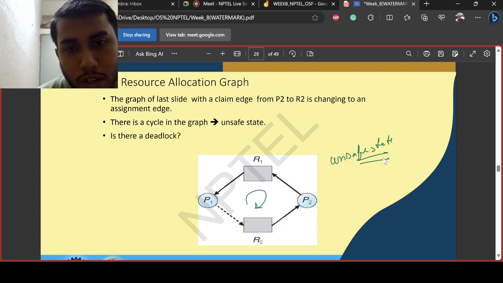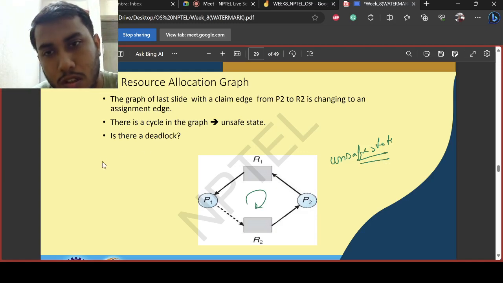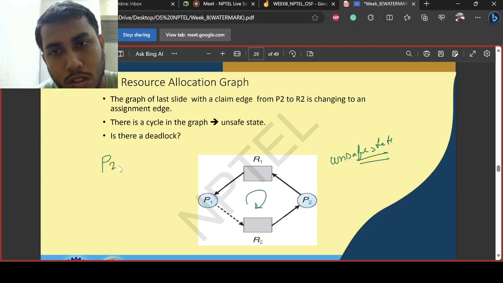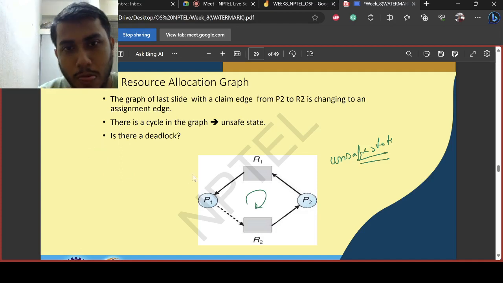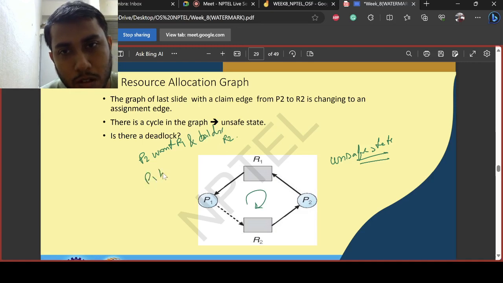Yes, currently there is a deadlock here because P2 wants R1 and is holding R2, and P1 is holding R1.